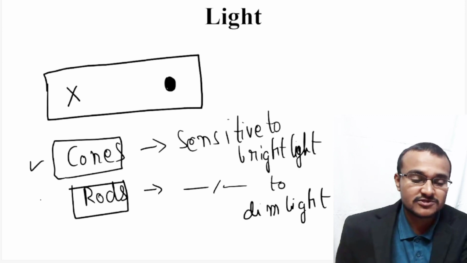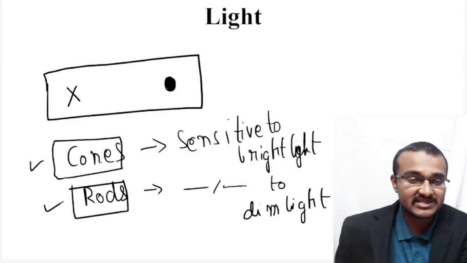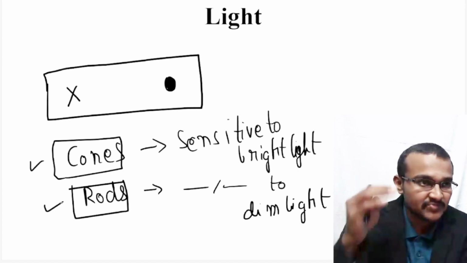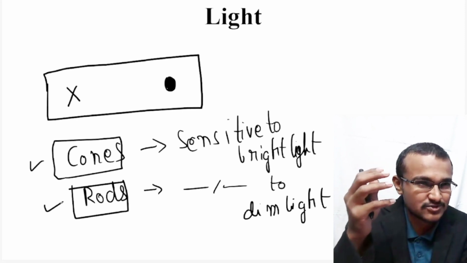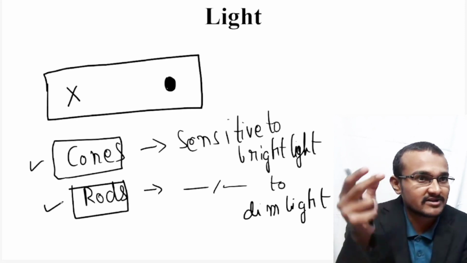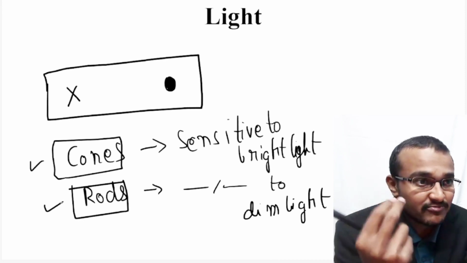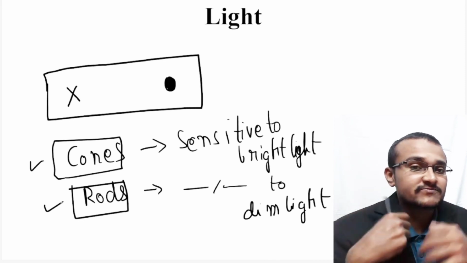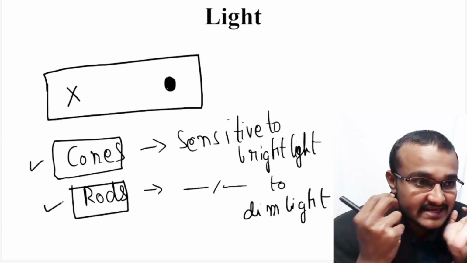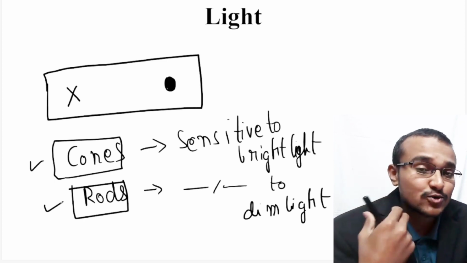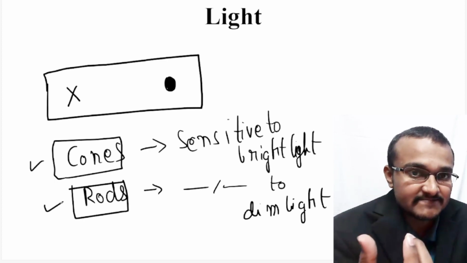So in daytime cones will be active, and at night, when there is very little light, such as during a power cut or darkness inside your house, your rods will be more active, because rods are sensitive to dim light and cones are active in bright light.